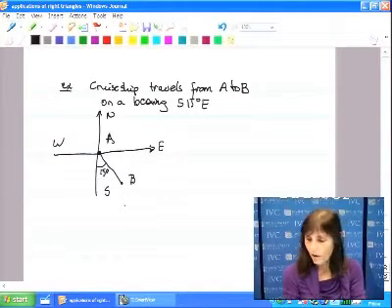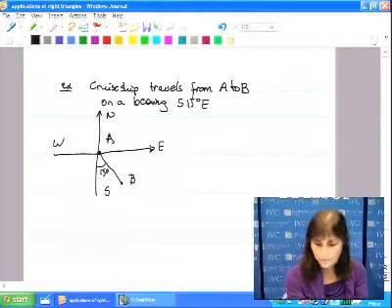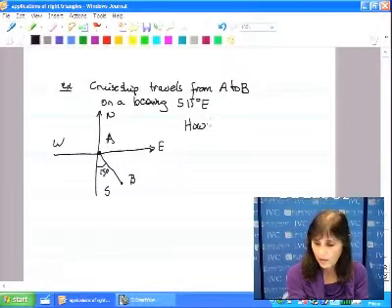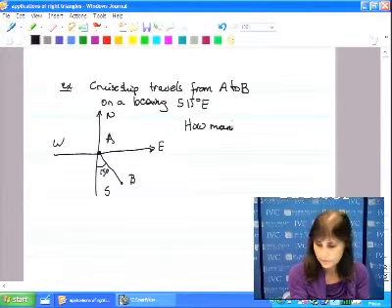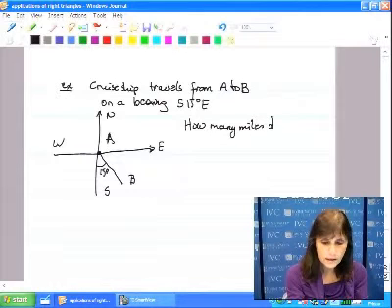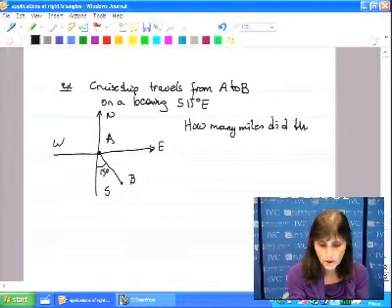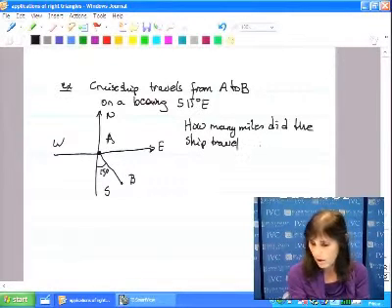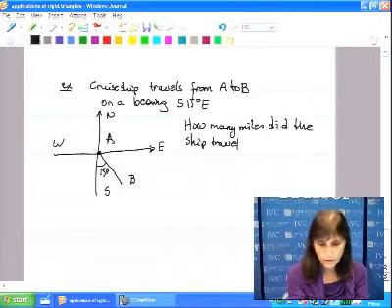Very good. Alright, they will ask, for example, how many miles did the ship travel south?